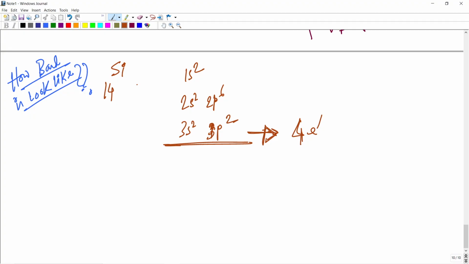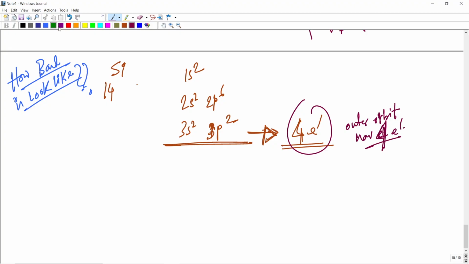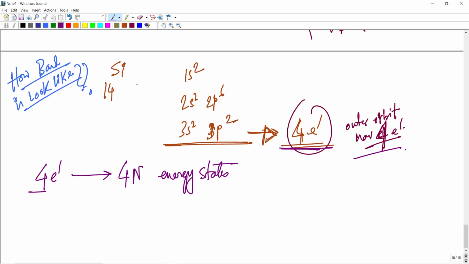The last shell means the outer orbit, so the outer orbit has 4 electrons. These are the outermost electrons. Four electrons means 4 energy states, because 1 electron means 1 energy state.